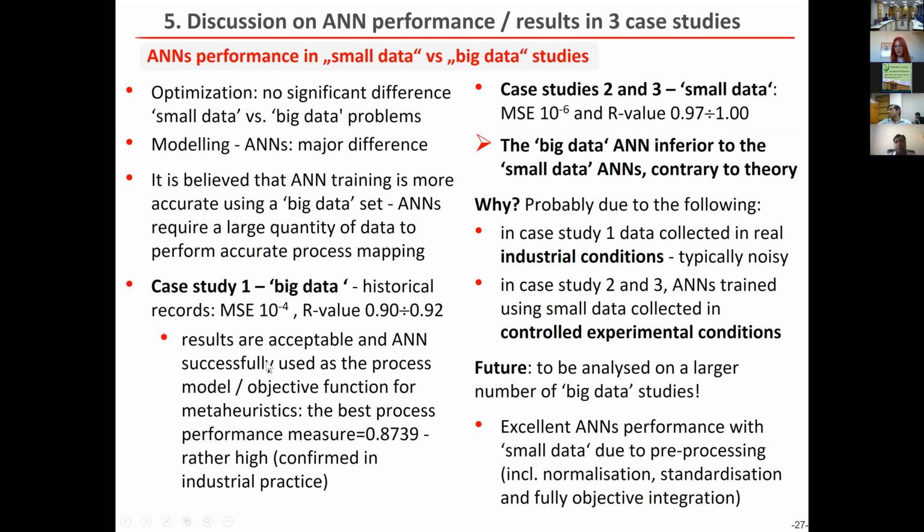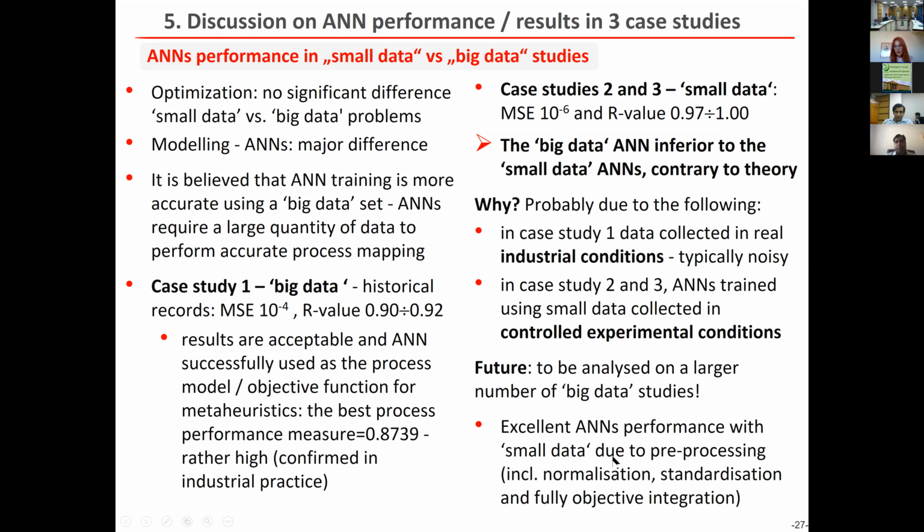Let me just tell you that in engineering, it is not easy to obtain historical data about a process, because people are not very eager to share their process data, because it is their very procedure that they don't like to share with others because it might be secret, etc. So that's why sometimes we are forced to deal with small data, to do these experiments.